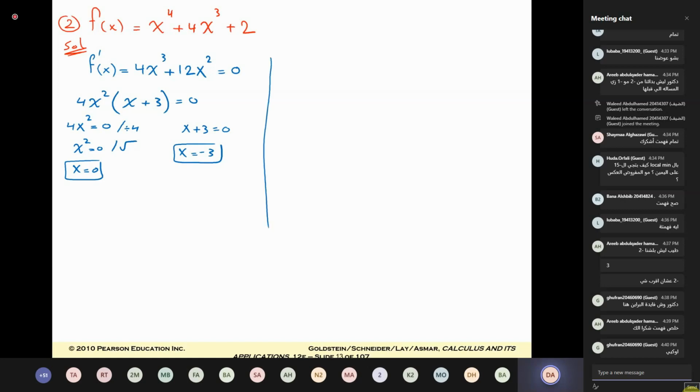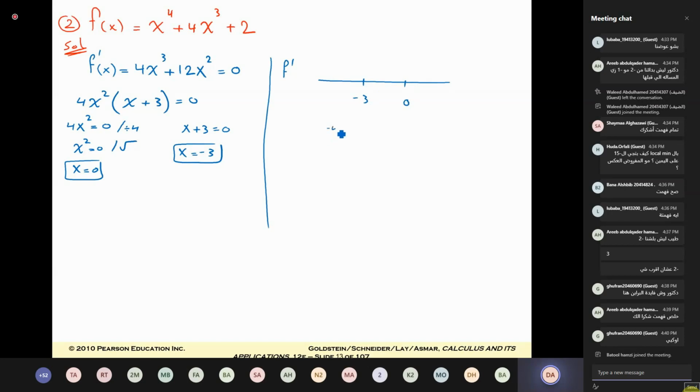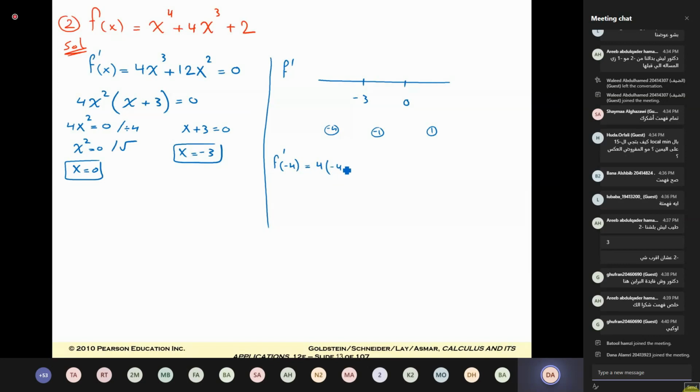Now, f prime, we have two values, negative 3 and 0. So we can choose negative 4, negative 1 and 1. Okay. Negative 4, f prime for negative 4 equal, we have 4 multiply negative 4 square multiply negative 4 plus 3.